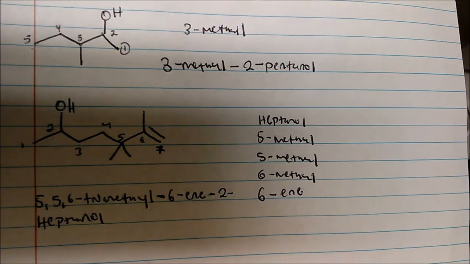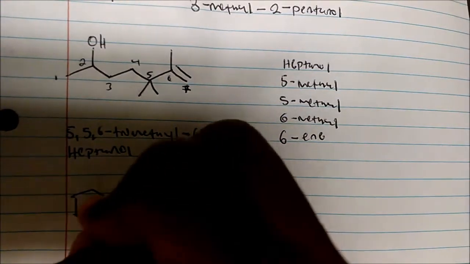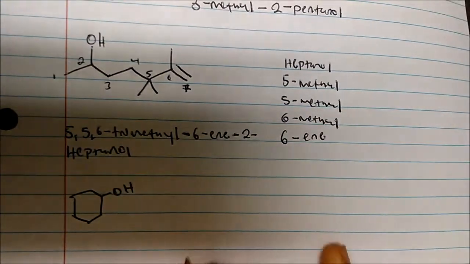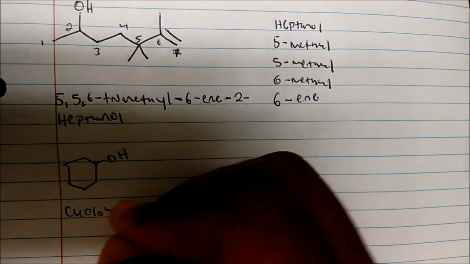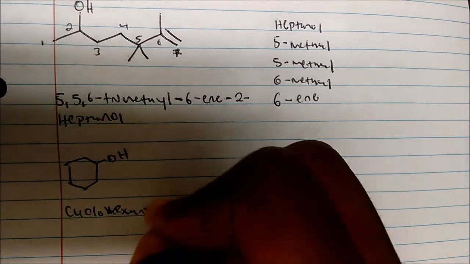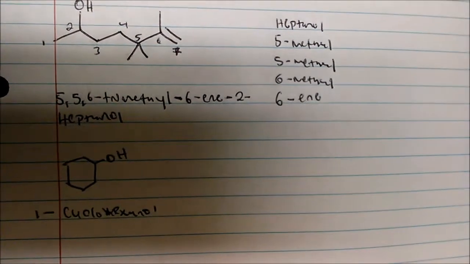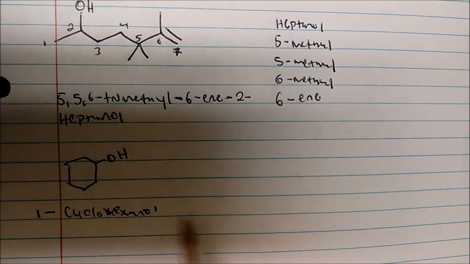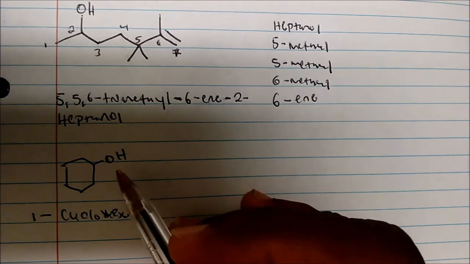All right. Now, when it comes to cyclic molecules, the alcohol always gets priority, group number one. So this is actually cyclohexanol. And for educational purposes, this is actually 1-cyclohexanol, but we don't need to write the 1. But for cyclic molecules, your OH groups always get number one.